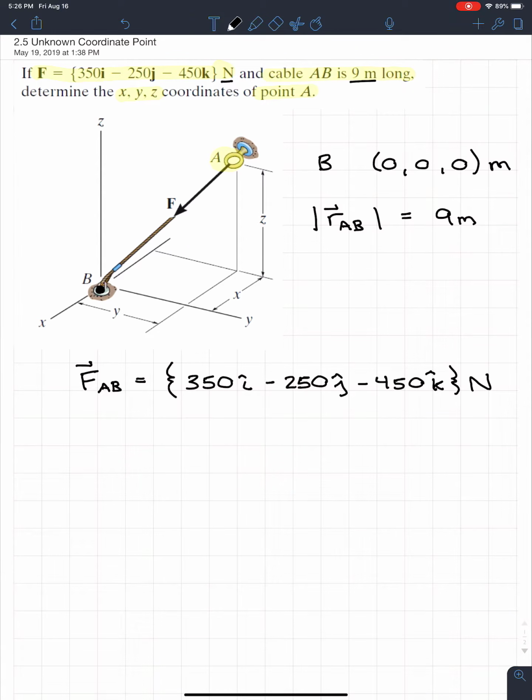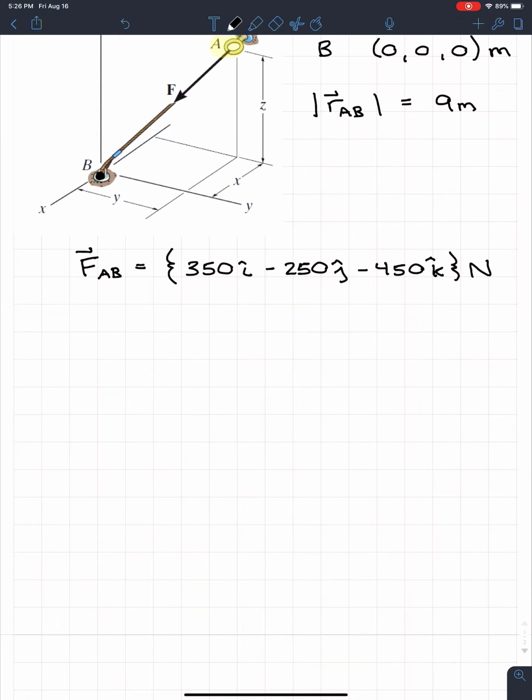But based on what we have, we can start solving for some quick unknowns. The first is if we have a vector, and this could be position or a force vector, and we have all of its components, we can solve for its magnitude. So if we have the force vector AB here, what we can do is solve for the magnitude of FAB, so basically the length of FAB, not the length in a distance sort of sense, but the magnitude of the force, how strong that force is.